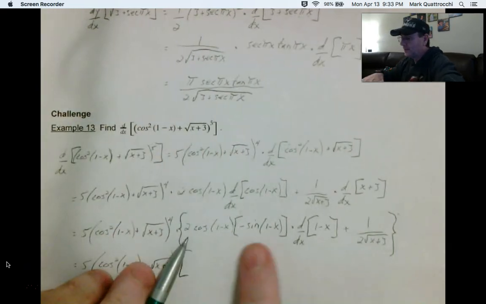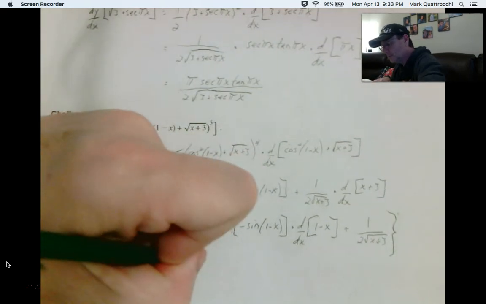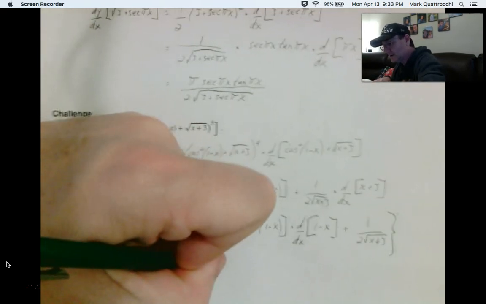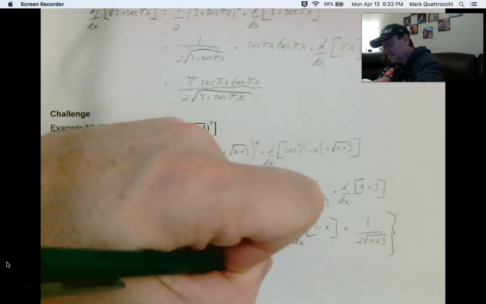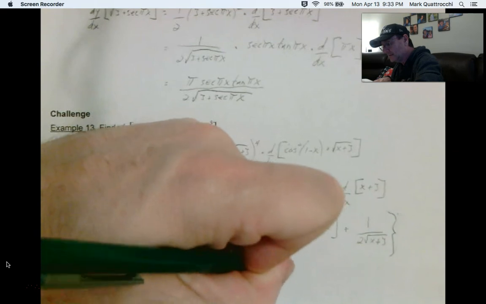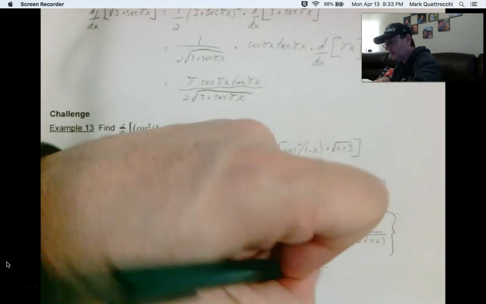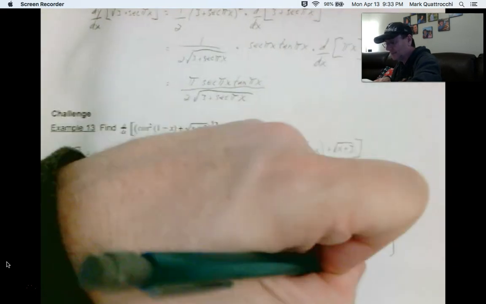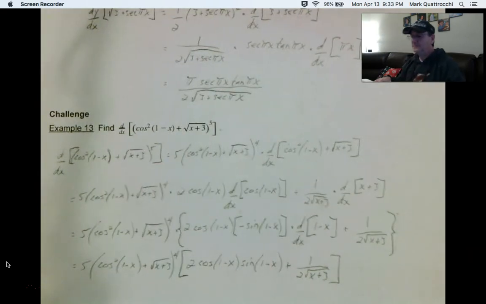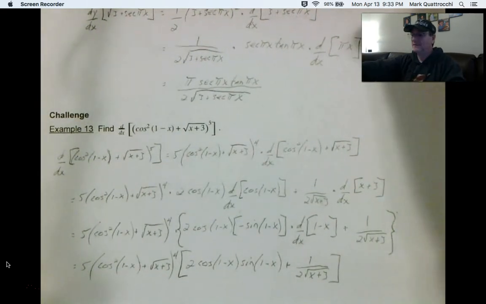This is now going to become, negative times negative, positive 2 cosine 1 minus x sine 1 minus x plus 1 over 2 square root x plus 3. And that is our challenge problem, example 13 in this section.